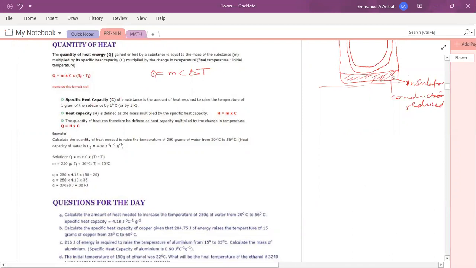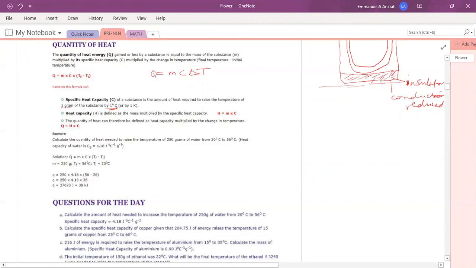So what is the specific heat capacity? We define the specific heat capacity of a substance as the amount of heat required to raise the temperature of 1 gram of that substance by 1 degree Celsius, or by 1 Kelvin.